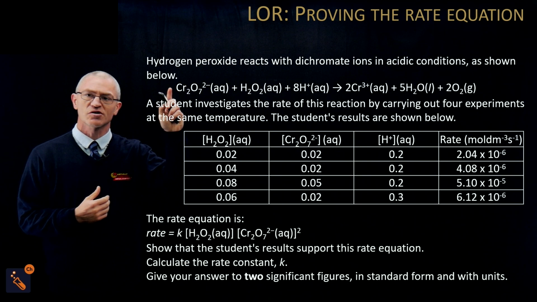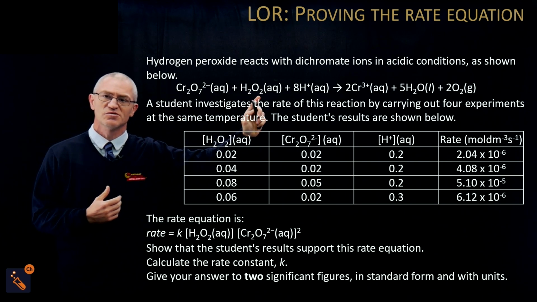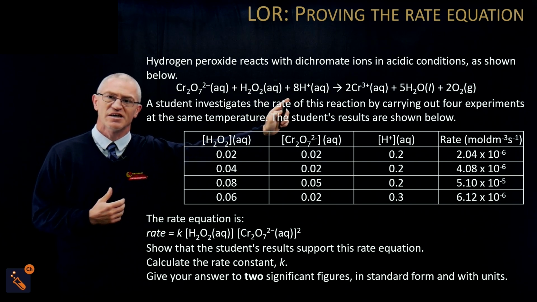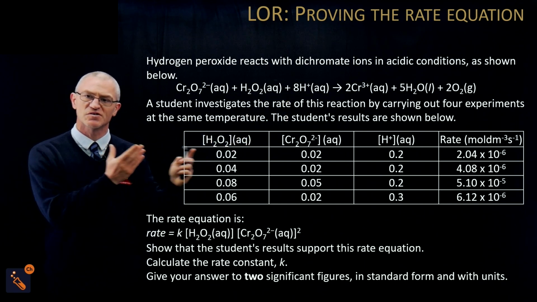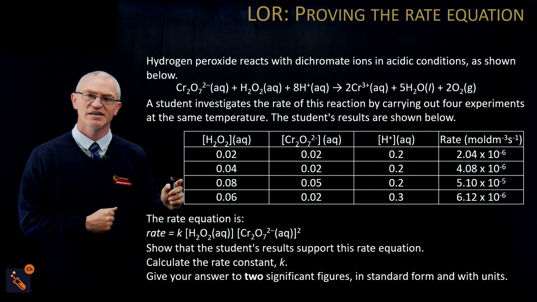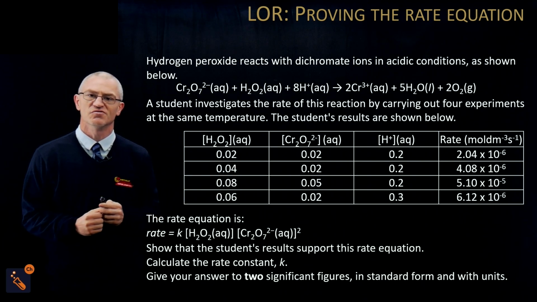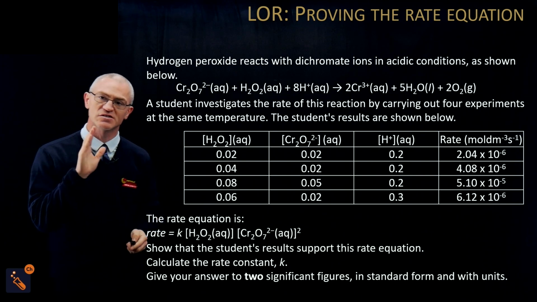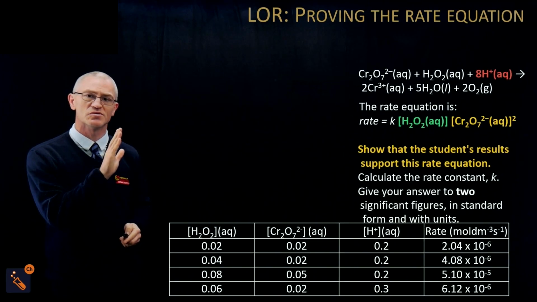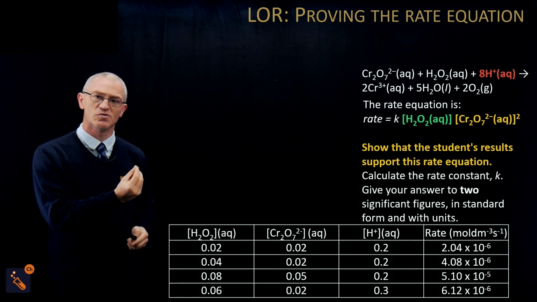So we've got chromate reacting with hydrogen peroxide under acidic conditions. So there are three reactants, and then we've got the concentrations in a table here, and then at the end we've got the rate. And we're given our rate equation. As ever, we're going to move this to the side and put all the important stuff in bold.